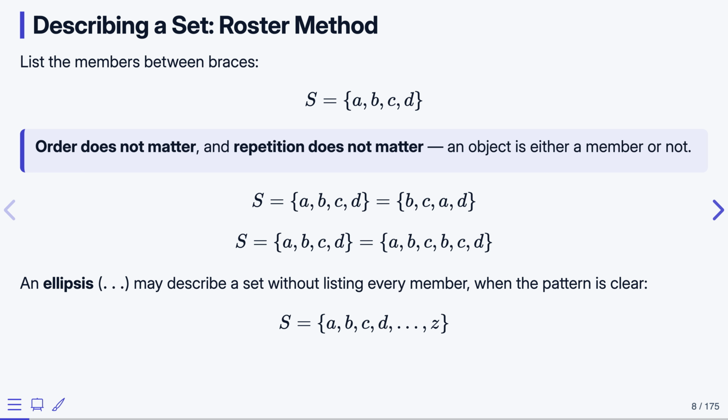Second, repetition does not matter. Each object is either a member or not, so listing it twice changes nothing. When the pattern is clear, we can use 3 dots instead of writing every member, so all the lowercase letters can be written as a, b, c, d, ..., z.